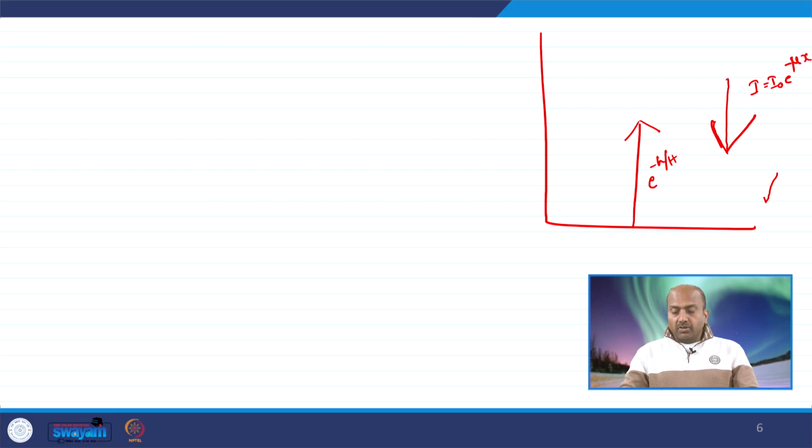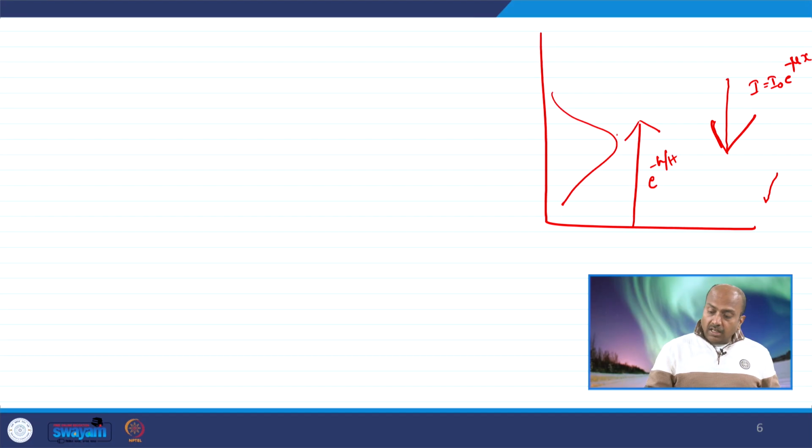So, there is an exponential decay of density from the surface and an exponential decay of intensity from the top of the atmosphere, right? You can expect these 2 exponential decays to reach a balance somewhere and create a peak.